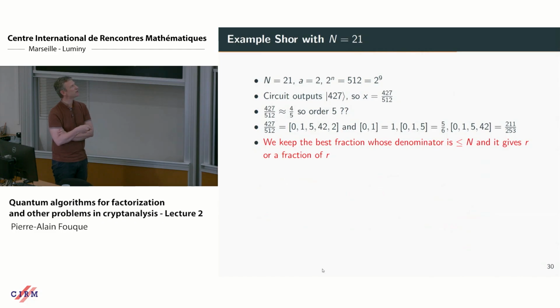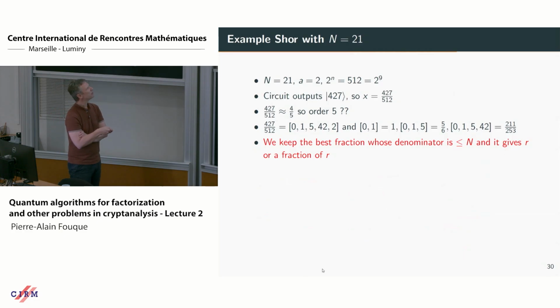But if you do this, it will not give you the right order, because 5 is not the correct value. Okay, so in this situation, the order is 6, because 2 to the 6 is 64, and 64 is 1 plus 3 times 21. Okay? So the order that we are looking for is 6 and not 5.